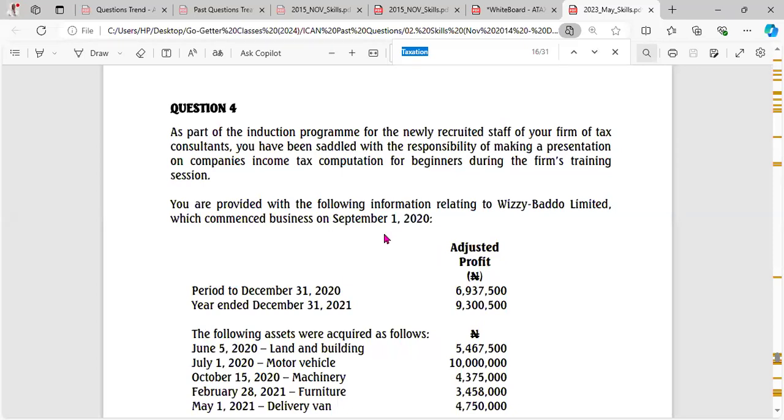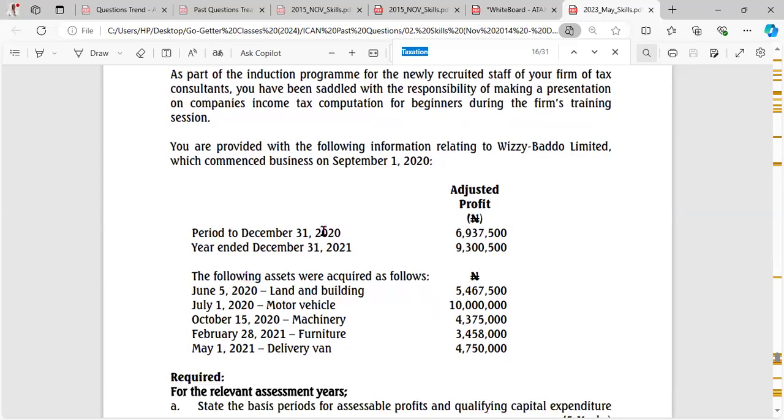Okay, profit to December 2020. Of course, because they commenced business on September 1, this is going to be from September 1, 2020 to 31st December 2020.